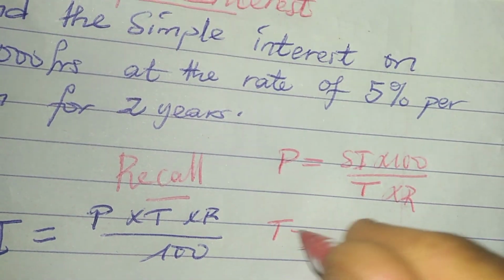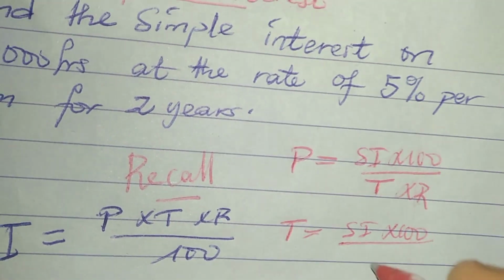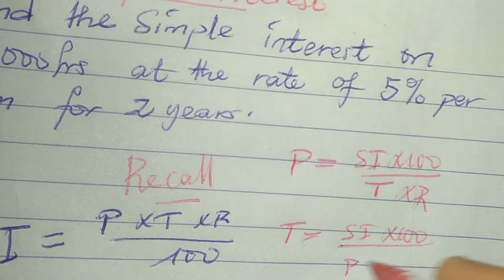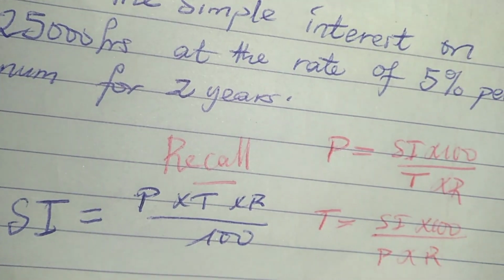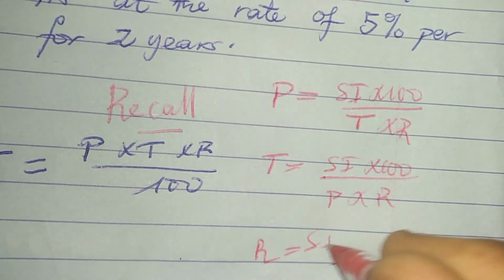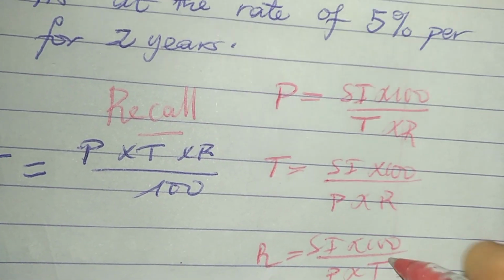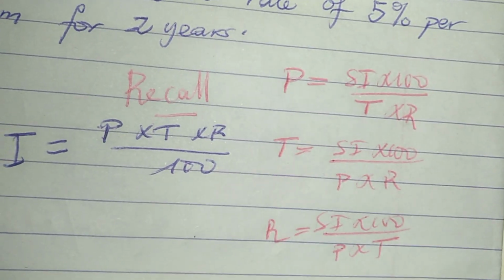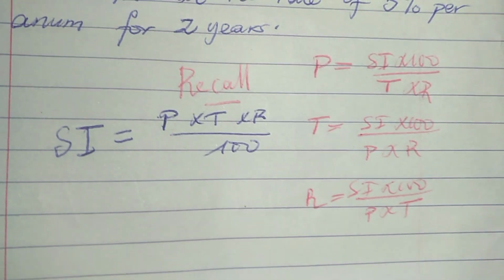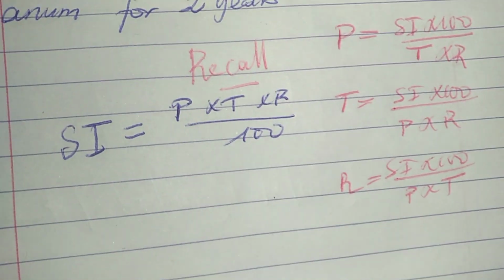We can also calculate time, which is simple interest times 100 over principal times rate. We can now calculate rate, which is simple interest times 100 over principal times time. So these are all the formulas that you will ever need in order to resolve a simple interest problem.